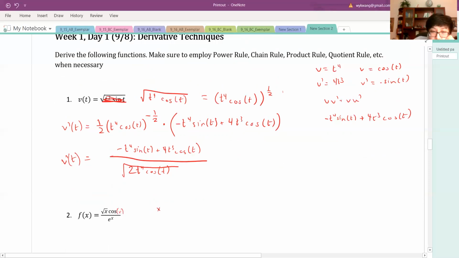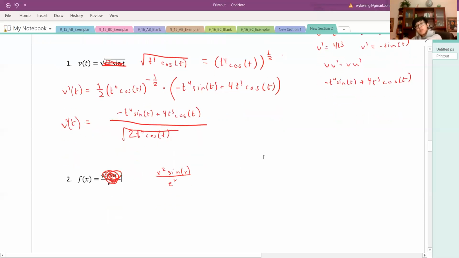Let's do x squared sine of x over e to the x. Okay, well, the first thing I notice here is I'm almost 100% going to have to use quotient rule, right? There's a clear fraction. So let's try quotient rule.